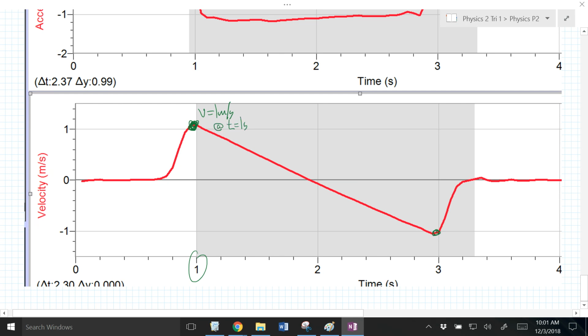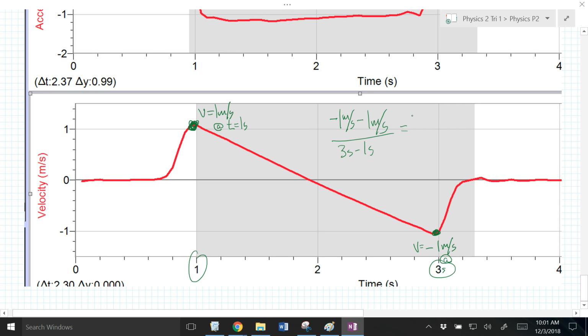We end up with a velocity of negative 1 meter per second, and that's at 3 seconds here. So if you calculate the slope, you're going to have negative 1 meter per second minus 1 meter per second, and I'm going to divide that by 3 seconds minus 1 second.